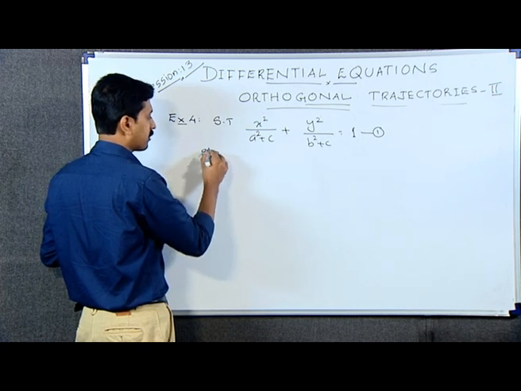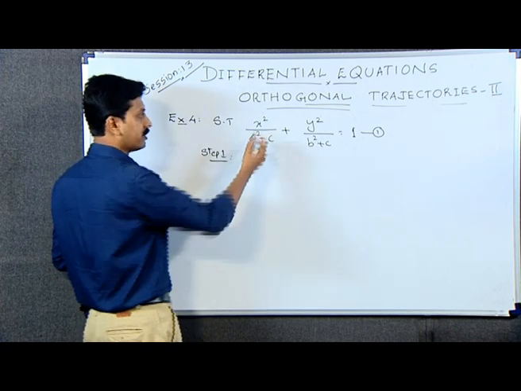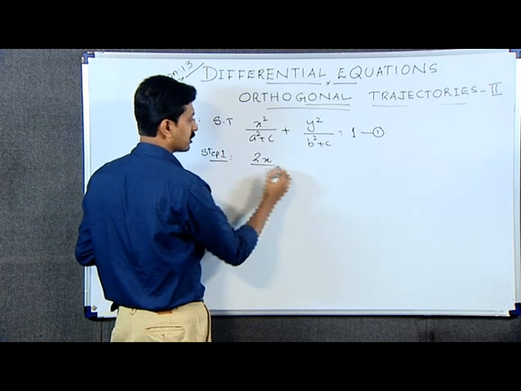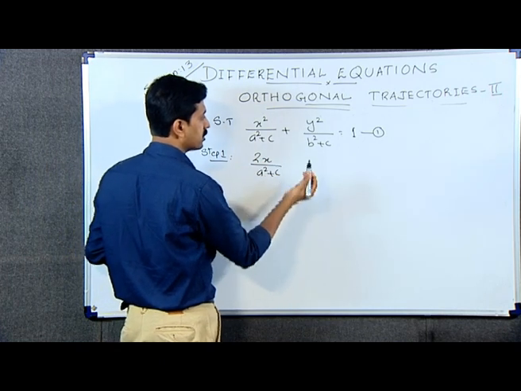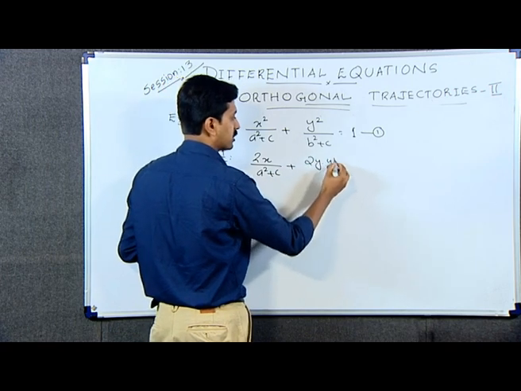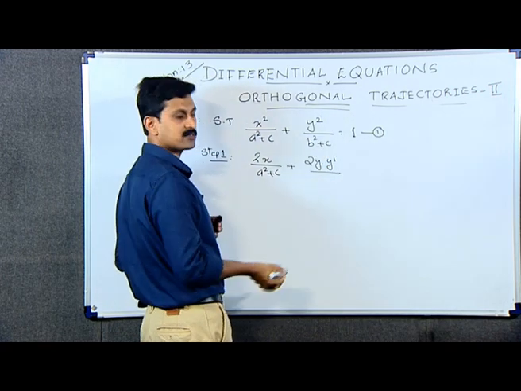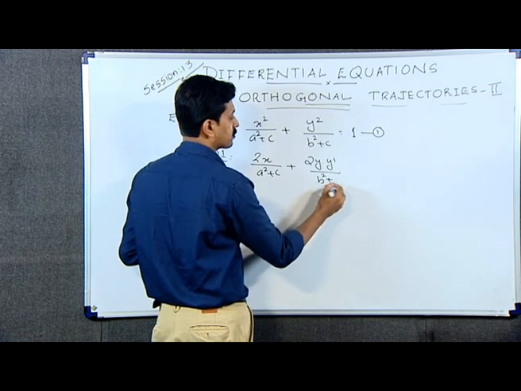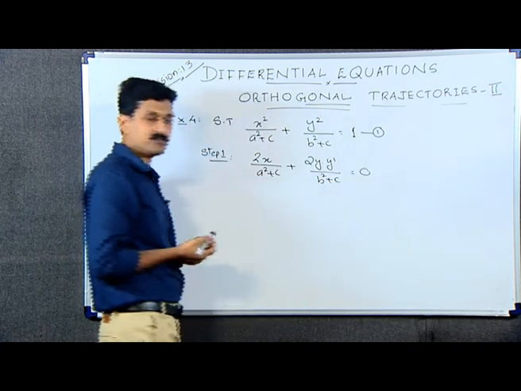So, I am going to differentiate equation 1. While differentiating, we will have the derivative of x square, which is 2x divided by a square plus c, plus 2y, the derivative of y square is 2y y dash, as we are differentiating y with respect to x, divided by b square plus c, equal to 0.